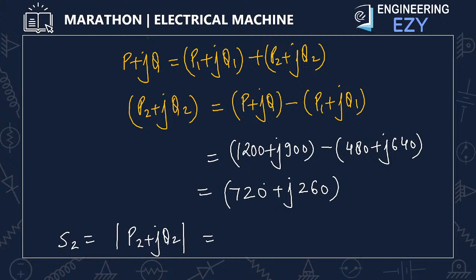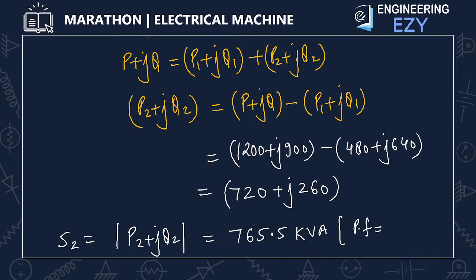Yes, I am getting 765.5 kVA. Abhishek, bache, you have to check. According to me, the correct answer is 765.5 kVA. If you calculate the power factor, although power factor is not required because only magnitude is required.